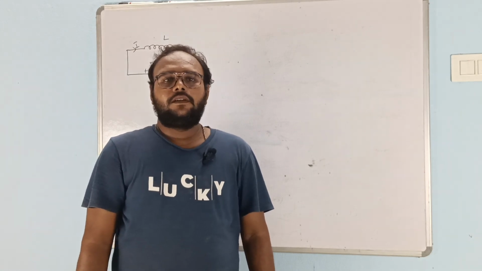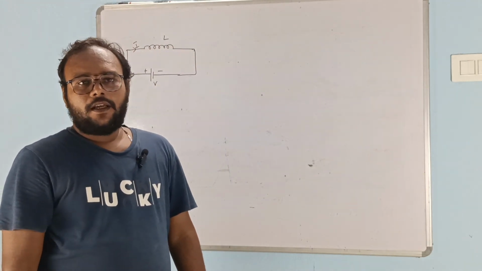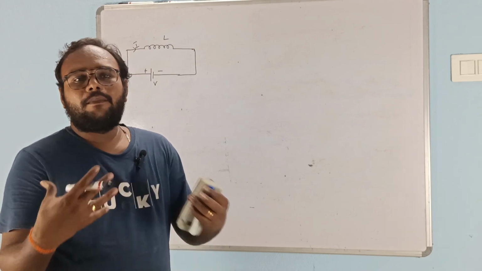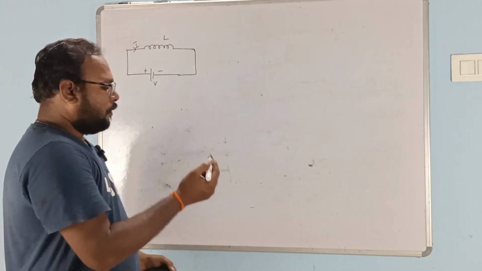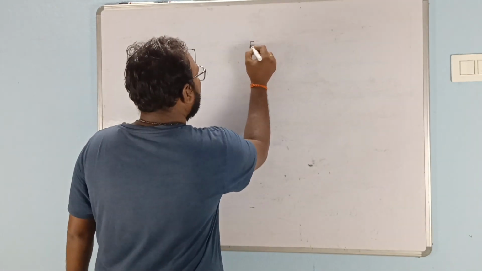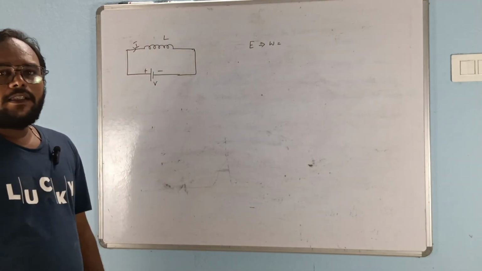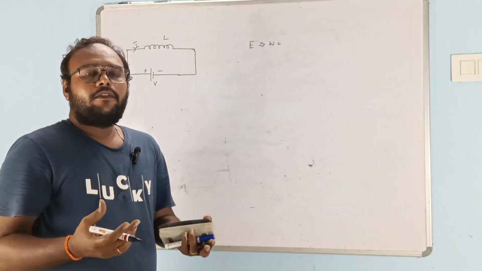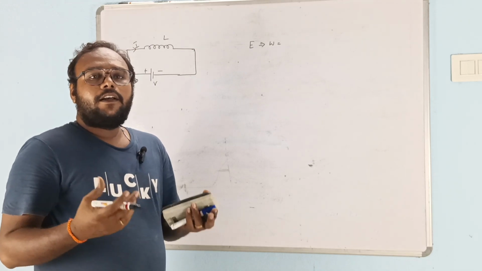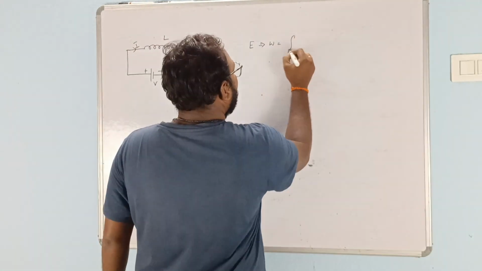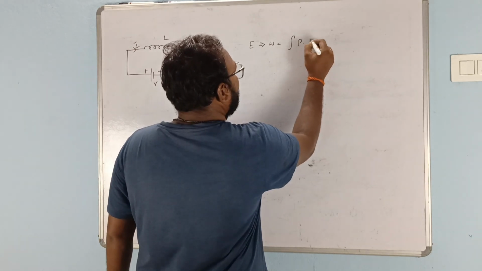Now we are going to see the energy stored in an inductor, or work done by the inductor. Energy and work are interlinked. Energy is the rate of doing work, so the work done is calculated by the integration of power.